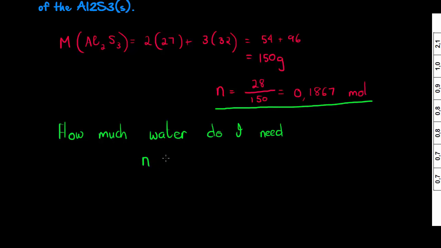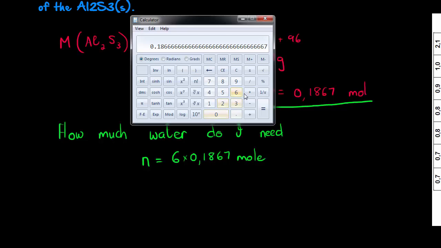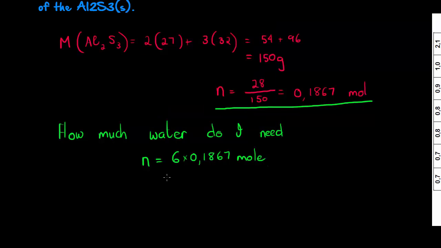So I need 6 times 0.1867 mole, giving me 1.12 moles of water.